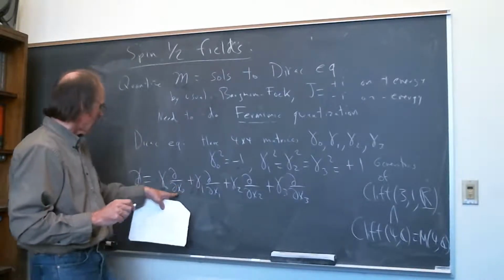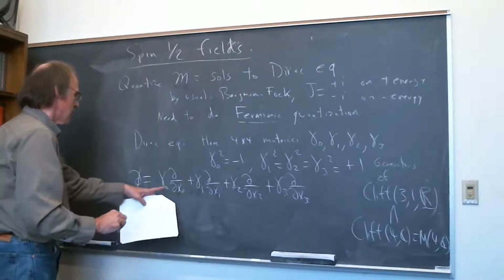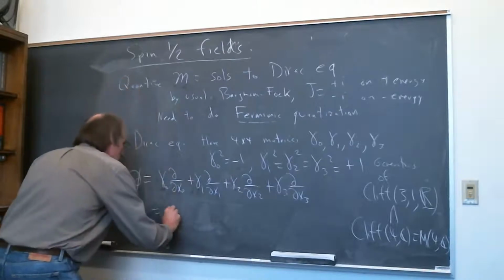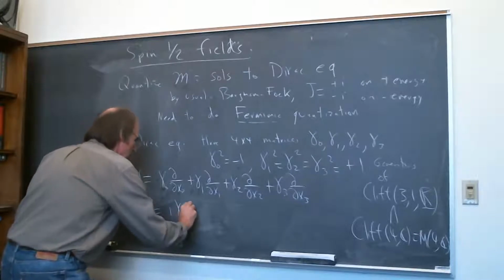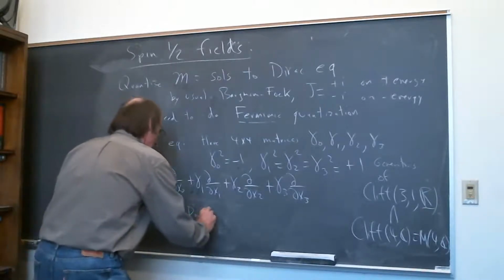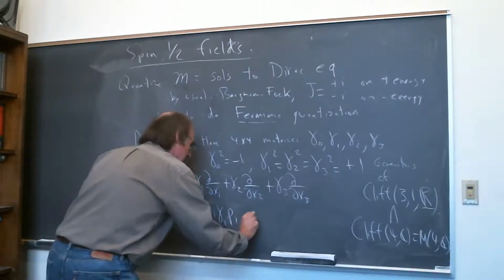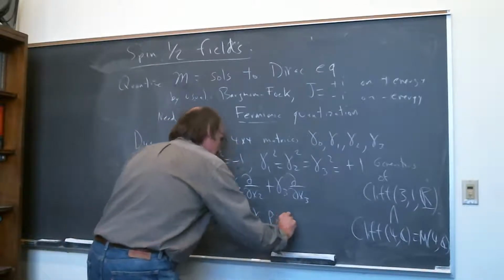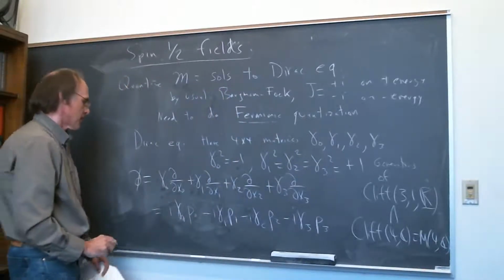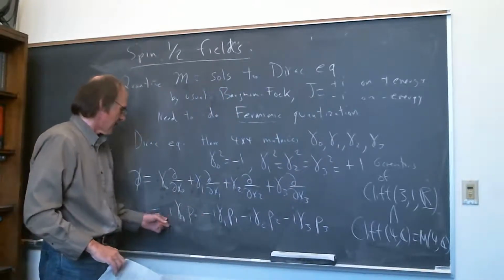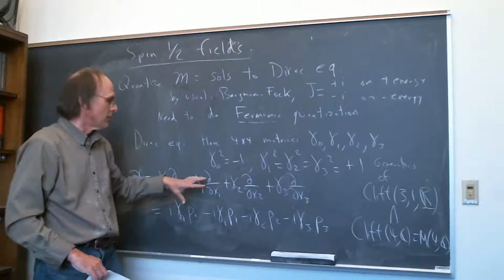There's an extra sign when I transform here, so this is going to give you i gamma 0 p0 minus i gamma 1 p1 minus i gamma 2 p2. So you do actually see a different sign here when you Fourier transform.